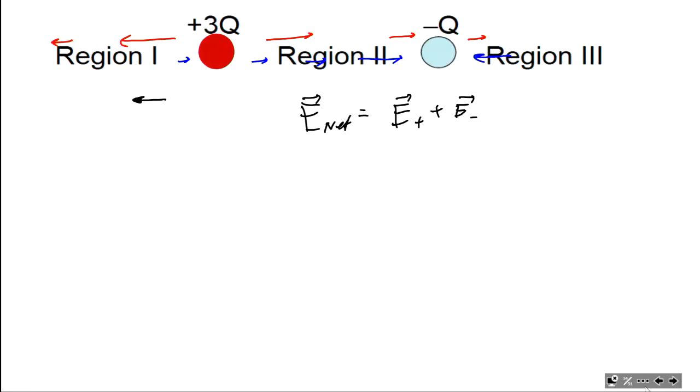It is not as strong as the electric field of the positive charge, but still it's never zero. Between the charges, the electric field actually is very strong. We are adding red and blue arrows. And so what's left is, well, this region.